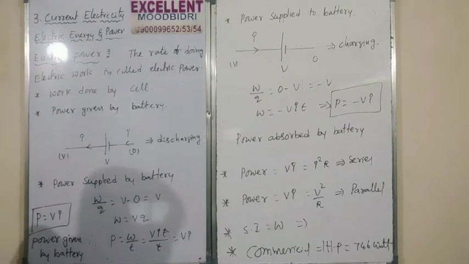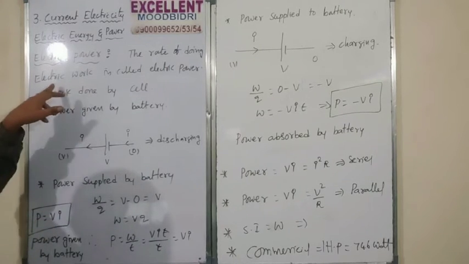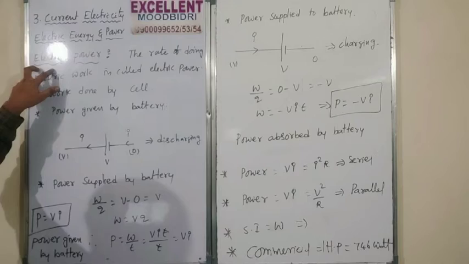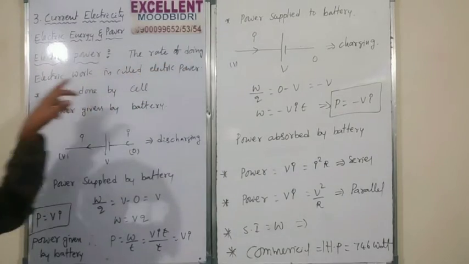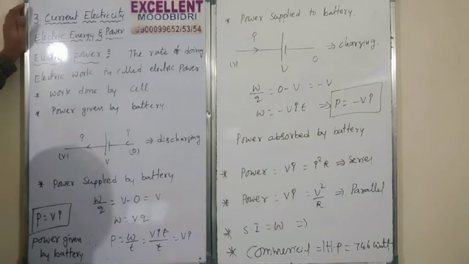The rate of doing work is generally power only, but here we are using electric power. Here we will give you two types: one is the power given by the battery, the next is the power supplied to the battery.